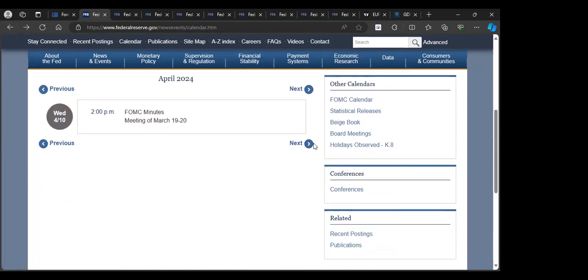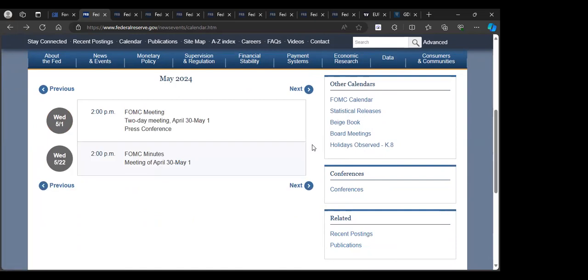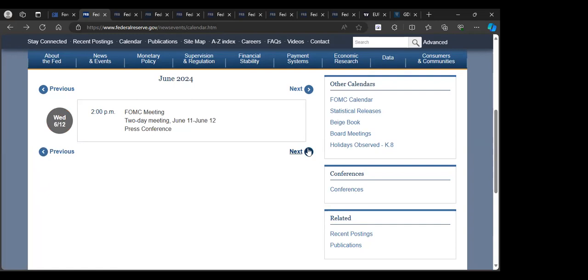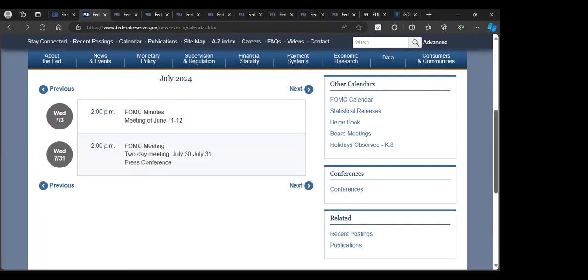So it'll show you what time the next meeting is, what we're actually going to be looking at during those meetings. So like the May meeting, there's a press conference, which means most likely there will be some type of rate news associated with that next meeting that I was just telling you guys about. So we shall see.